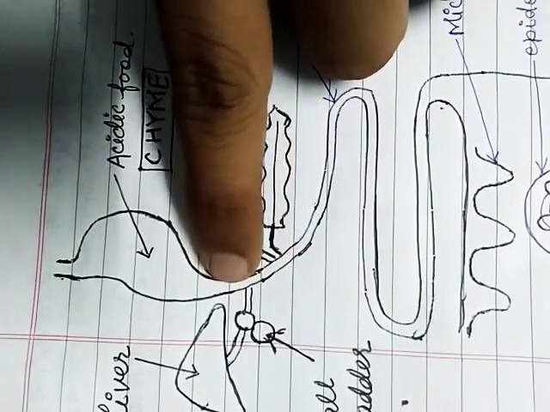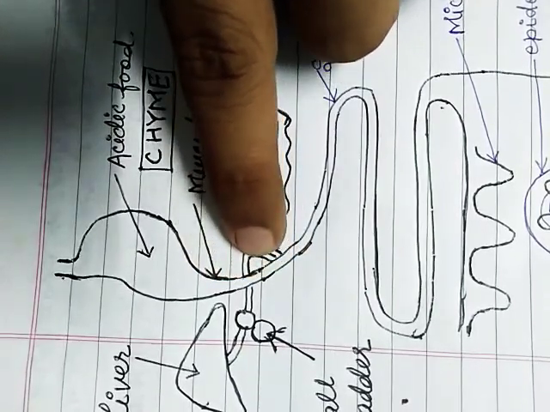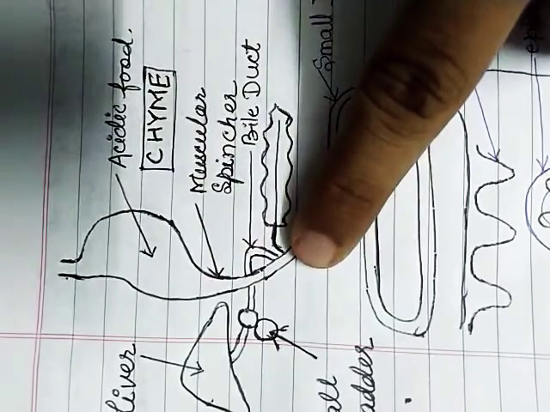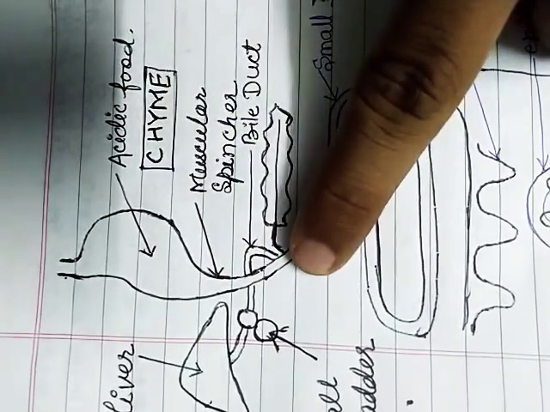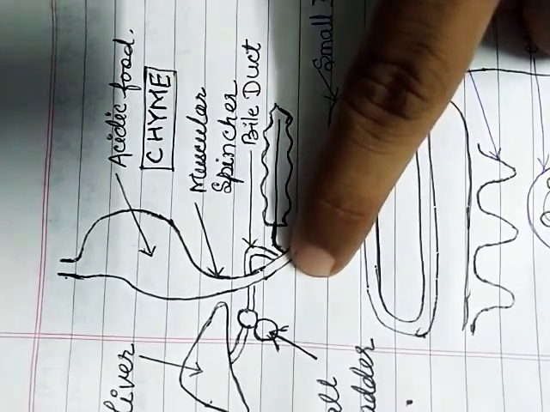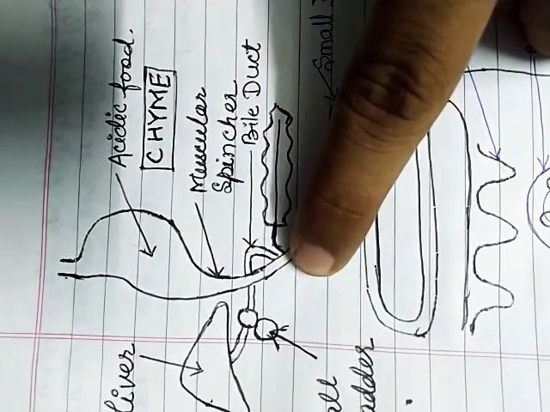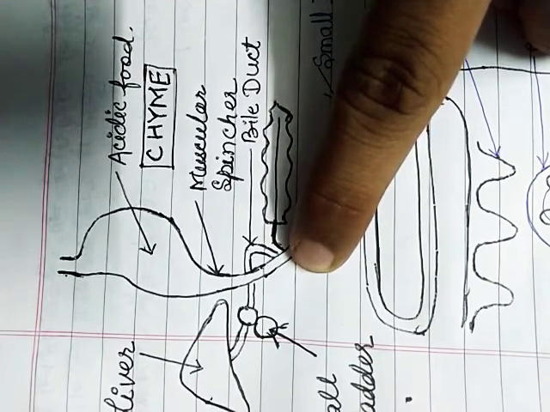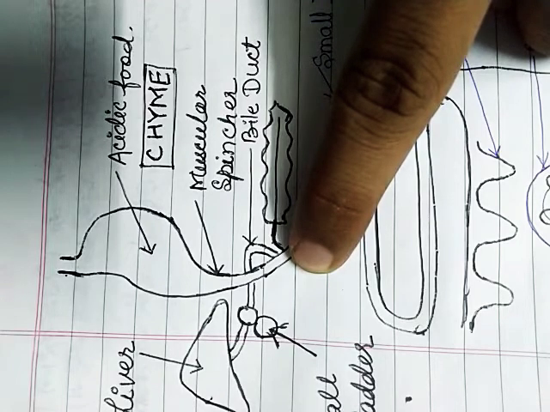Now, as this acidic food is harmful, it is turned into neutral form by adding basic materials. These basic materials are obtained from two places.